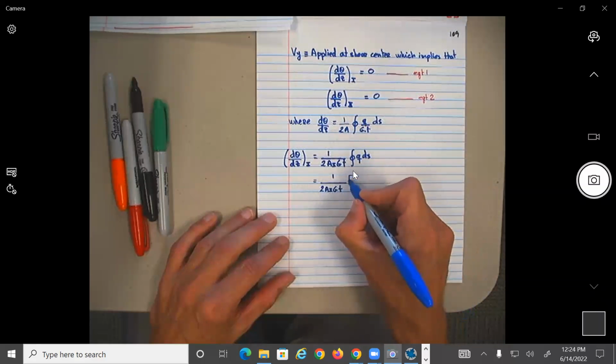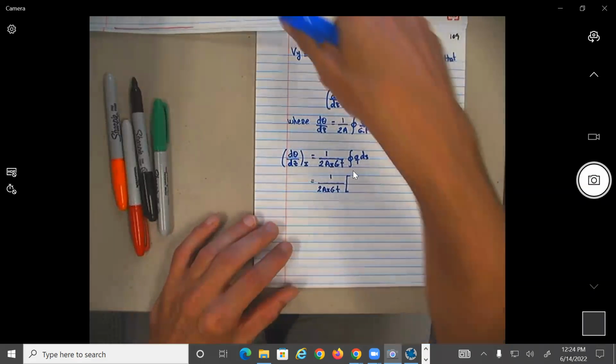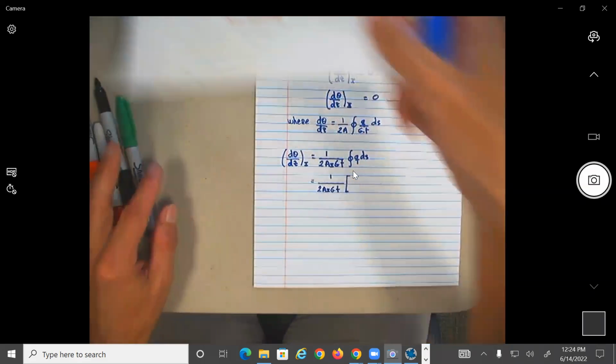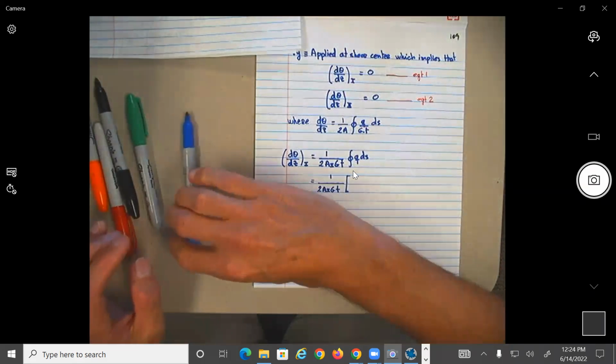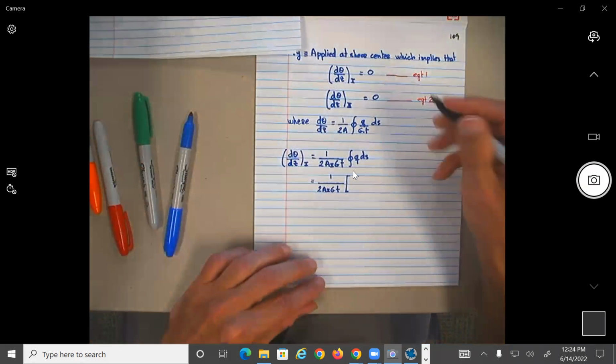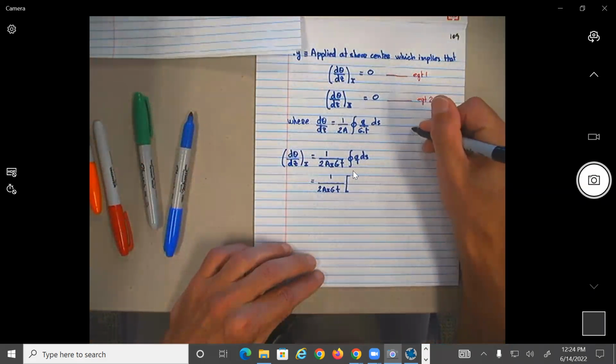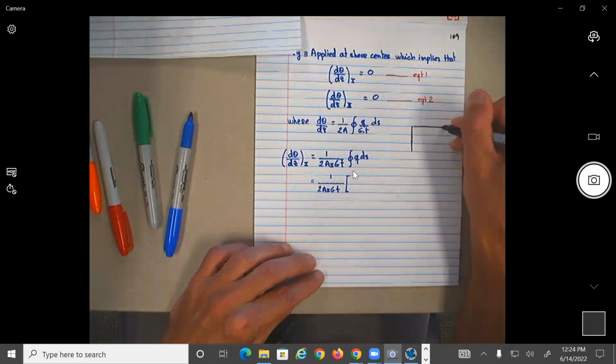And now, what do we have over here? So maybe let's do a small figure over here. Maybe not that small, but let's just do a figure.